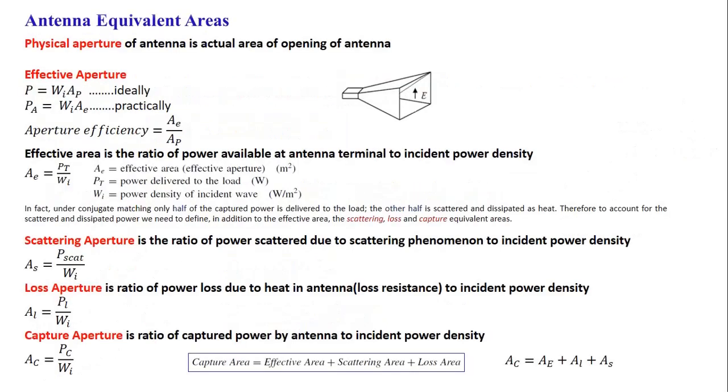Now we will move to the next topic, that is the antenna equivalent areas. With an antenna there are a number of equivalent areas that are associated. We will go through them one by one. These antenna equivalent areas are used to describe the power capturing characteristics of the antenna whenever an EM wave is incident on it.